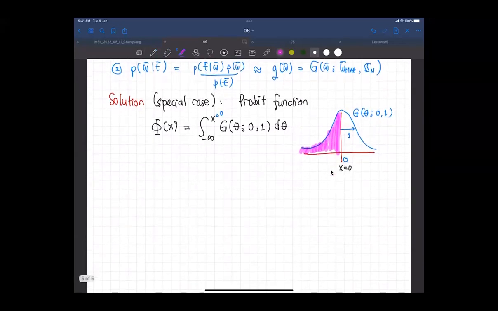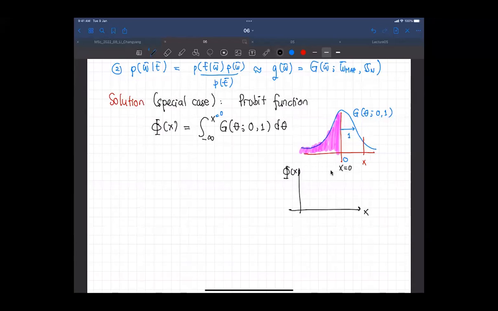And if x is defined somewhere here, for example, x is a positive value. And if you have another graph, and this graph is x, and this one is phi of x, how does phi of x look like? It looks like a sigmoid. That's right.